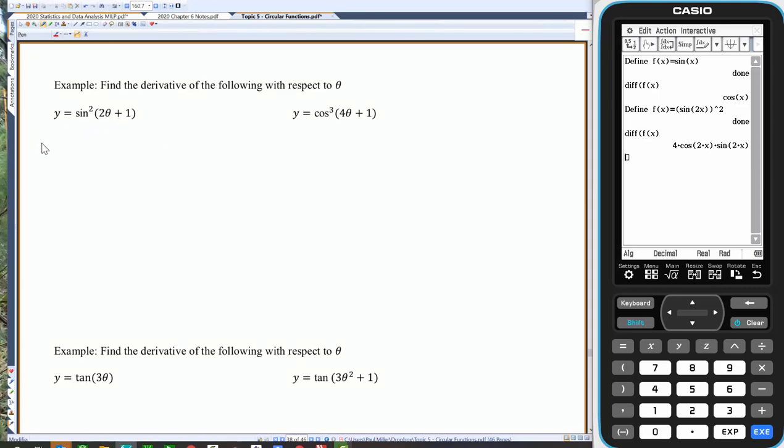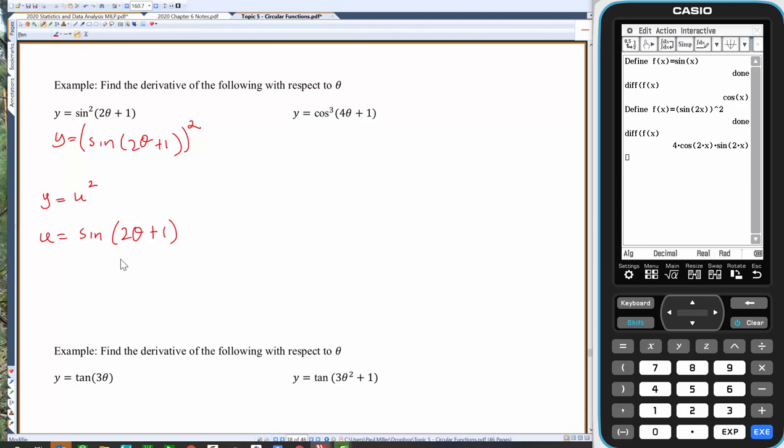All right, so I'm going to rewrite it as y equals sine 2 theta plus 1 all squared. I like to make this move just so that I can see the function within the function. So y equals u squared, where u is equal to sine of 2 theta plus 1.